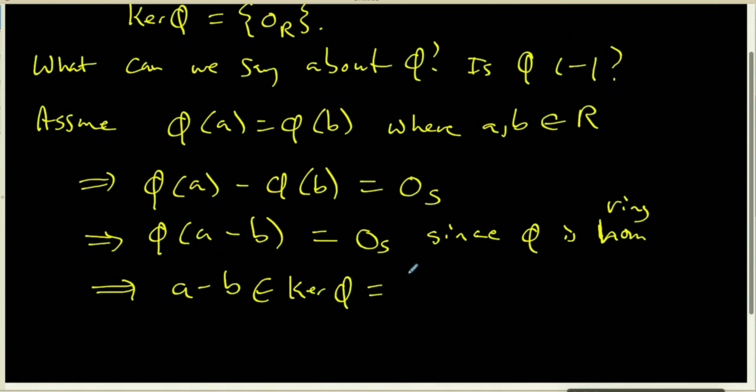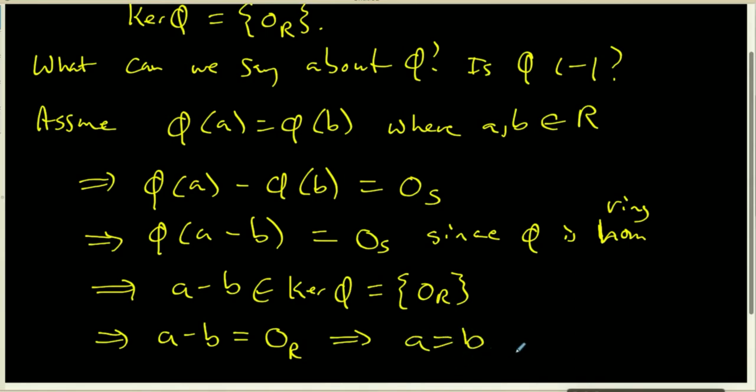But the kernel of phi consists of only one element, and that's the zero inside ring R. So that tells me that A minus B does have to be zero inside R, and that's enough to tell me that A and B are exactly the same element, which is then enough to tell me phi is a 1 to 1 ring homomorphism.